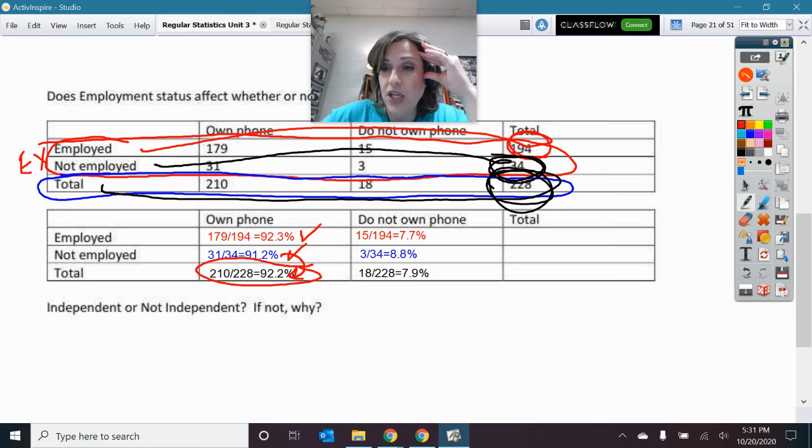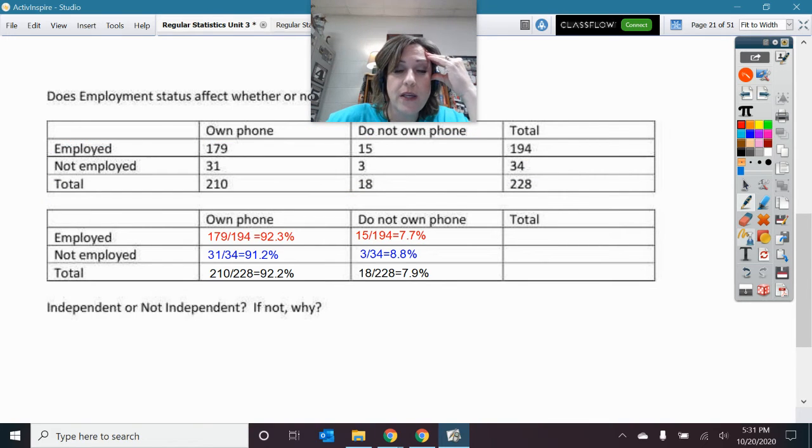And so let me just kind of talk to you about why that is the case. It was important for us to compare to the overall. When you have a small sample size, just FYI, here's what's happening. When you have such a small sample size, such as 34, and then a big one, such as 194, it really limits you on the actual fractions and the decimals that those decimal points go to. So that's why we have to have a little bit of leeway.